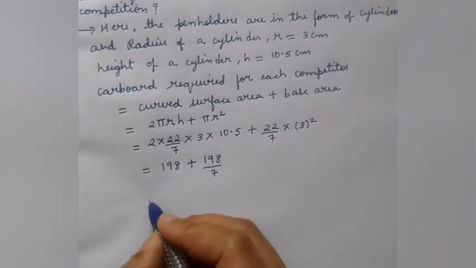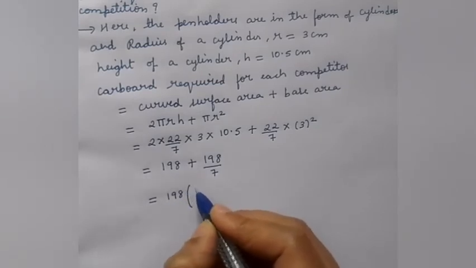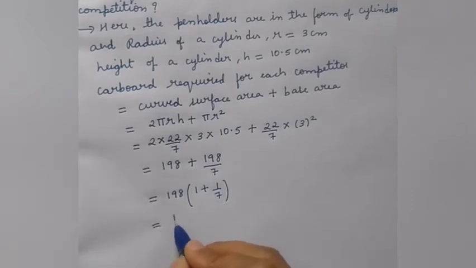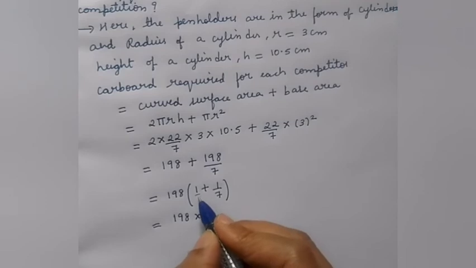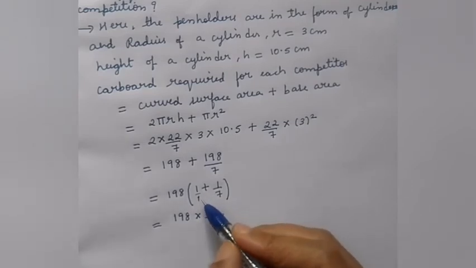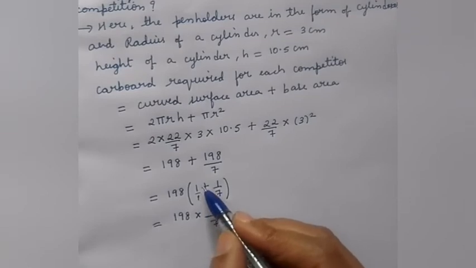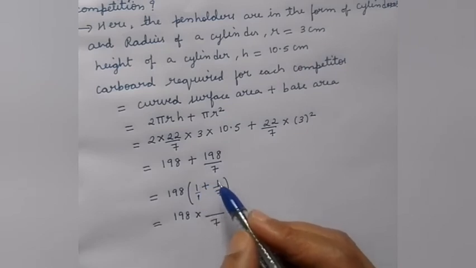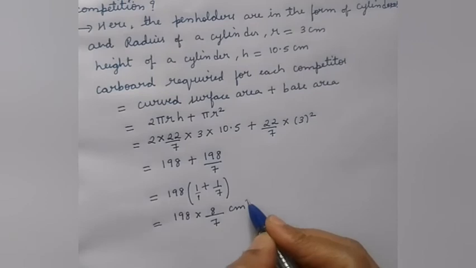Here 198 is common. If we take out 198, we are left with 1 plus 1 divided by 7. That is 198 into, the LCM is 7, so we multiply the numerator and denominator by 7: 7 into 1 is 7, 7 plus 1 is 8, so 8 divided by 7 centimeter square.